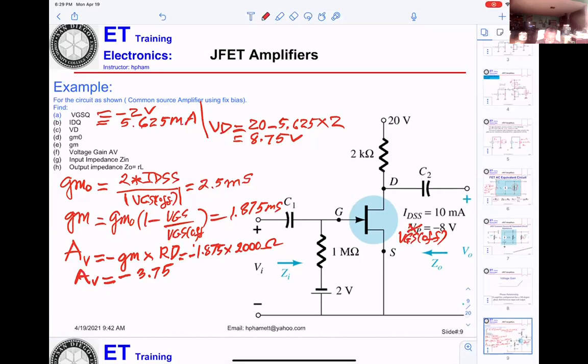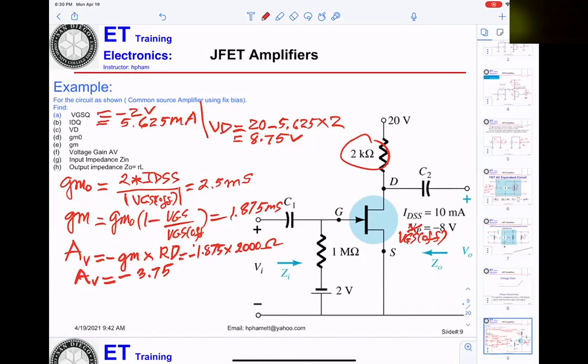Because RD is 2K. But when you multiply it you get 3,750, and the GM is in milli. I made a mistake. And they want the input impedance, Z in, we already know.